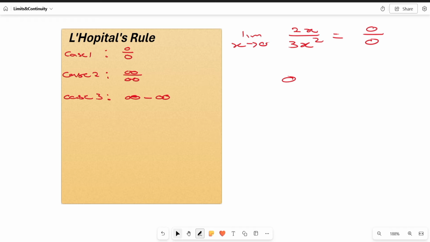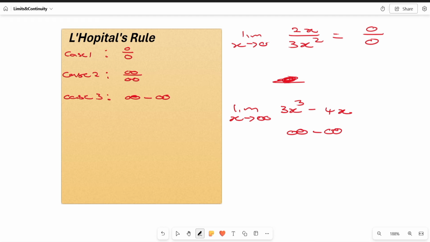Let's say they give you the limit as x approaches infinity of 3x to the power of 3 minus 4x. So this is infinity. What happens here, guys, is that you're going to have infinity minus infinity.